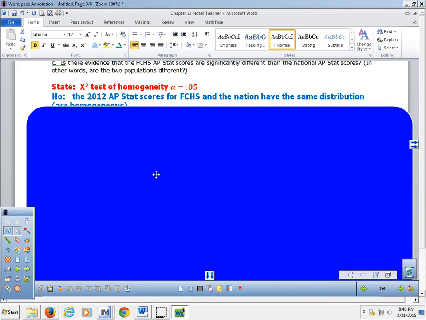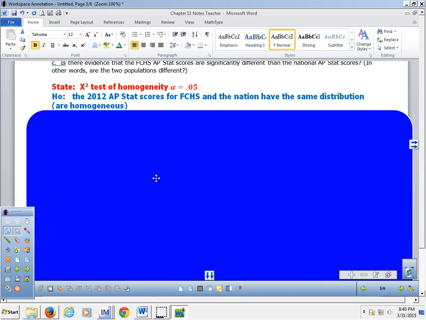We need hypotheses. And so our null is always our statement of no difference. So what we're going to say is that the 2015 AP Stat scores for FCHS and the nation have the same distribution. In other words, they're homogeneous.